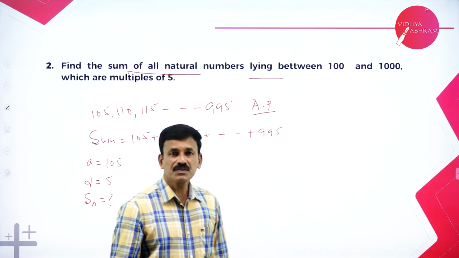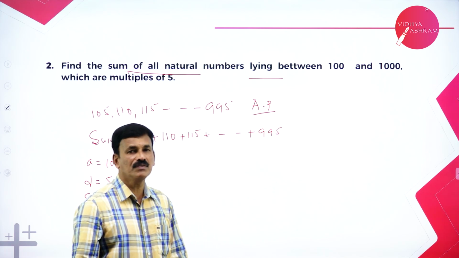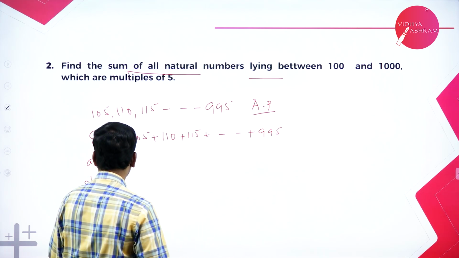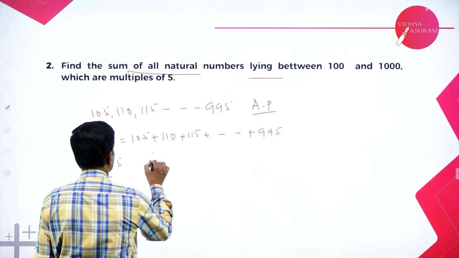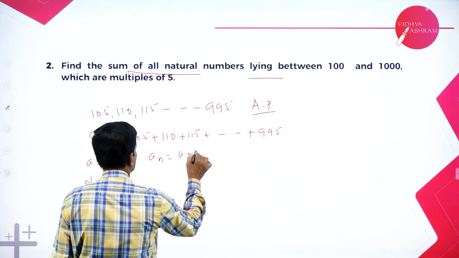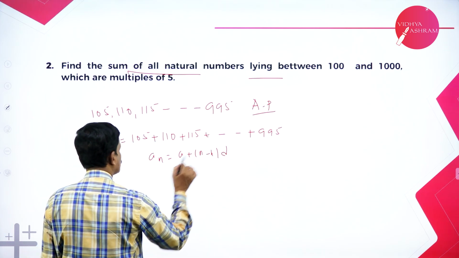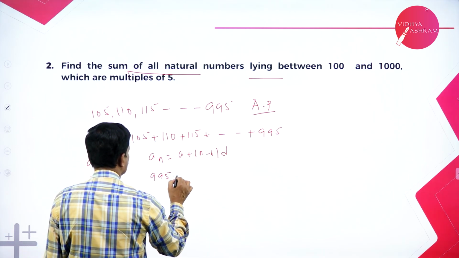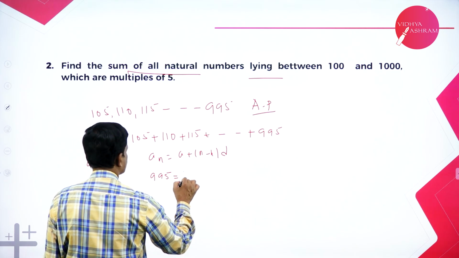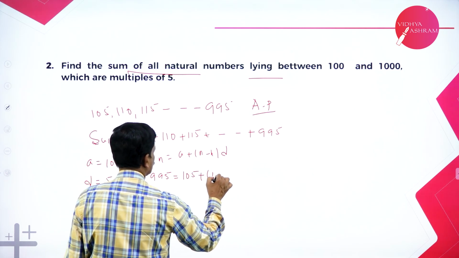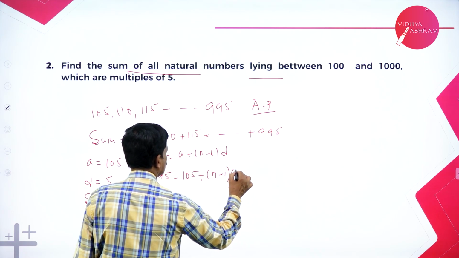Just find out the number of terms first, then we will find out the sum. We know that An is equal to A plus n minus 1 into D. The last term 995 is equal to A, the first term 105, plus n minus 1 into D, which is 5.